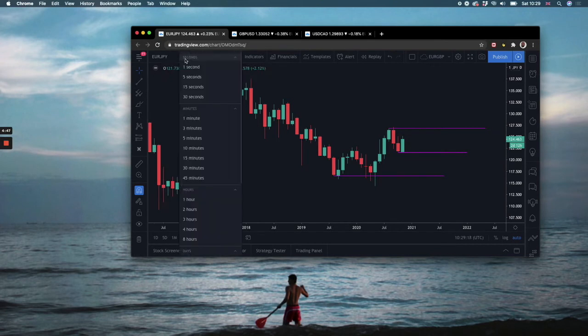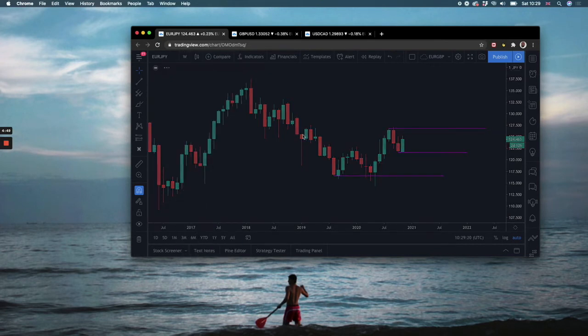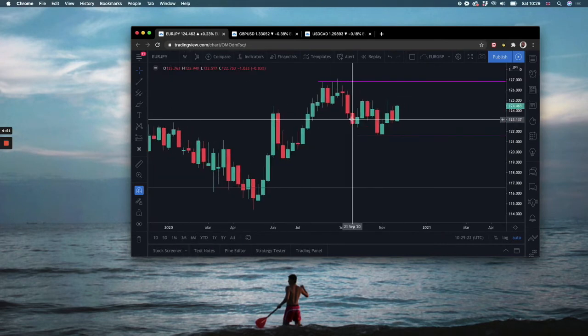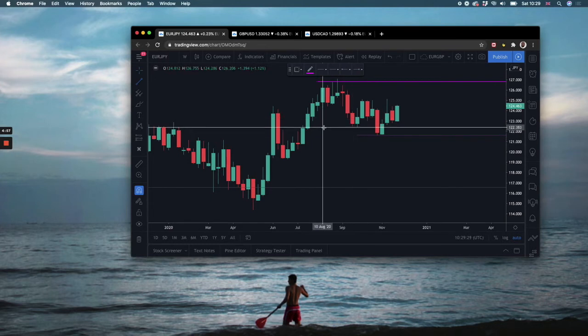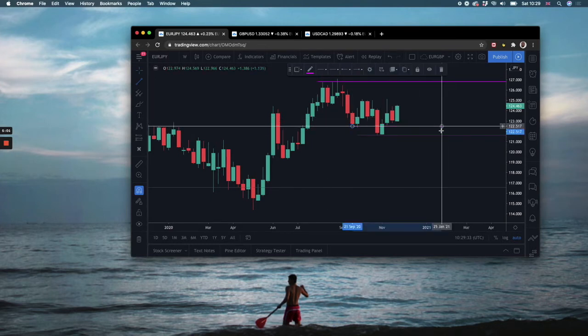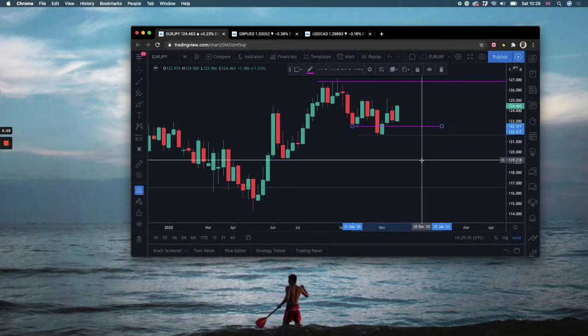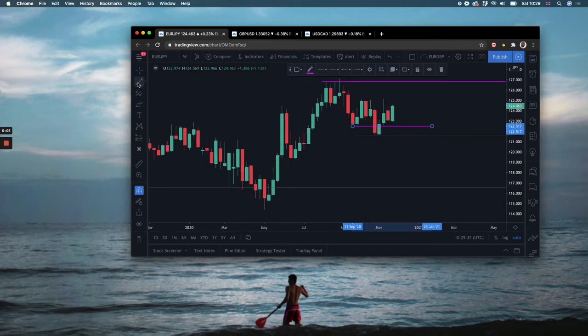If we then go into the weekly chart, there are different selling climaxes and buying climaxes within the range we've identified. There's this selling climax here, resistance, and then there's this buying climax here, support.